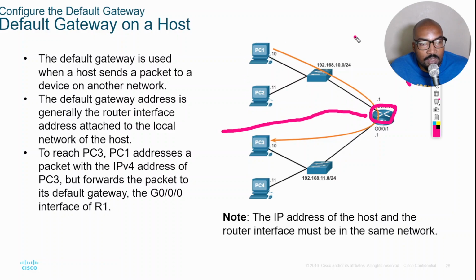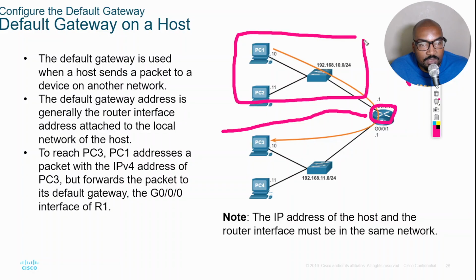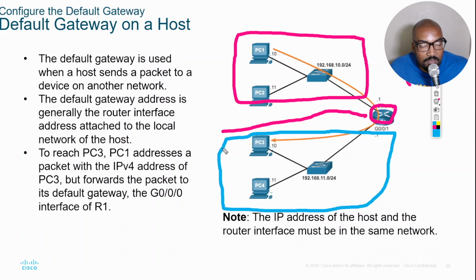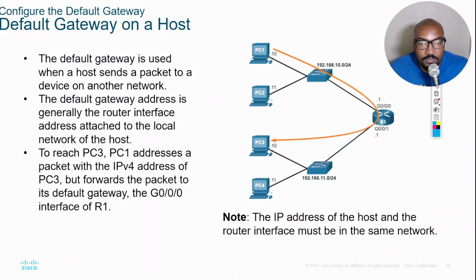I want you to think of this as a street, a cul-de-sac, and I want you to think of this as another street, a cul-de-sac, maybe somewhere in the same vicinity, but not on the same street. So in order for mail to get here, it's going to need the router in order to route to it. So that's another good example of how that would look. Okay, let's move on here.